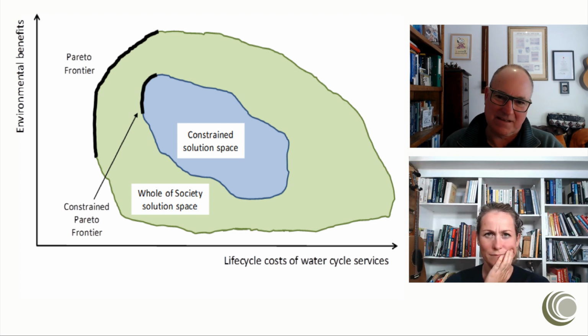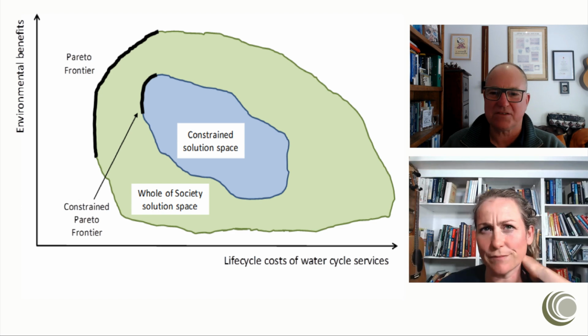We're probably not counting all of the other solutions that are in that green area at the bottom of the diagram. And in fact, there's a large solution space. There are lots of different things we can do, like distributed rainwater harvesting on properties, permaculture, on-site management of wastewater, change of behaviours. There's all sorts of things we can do.